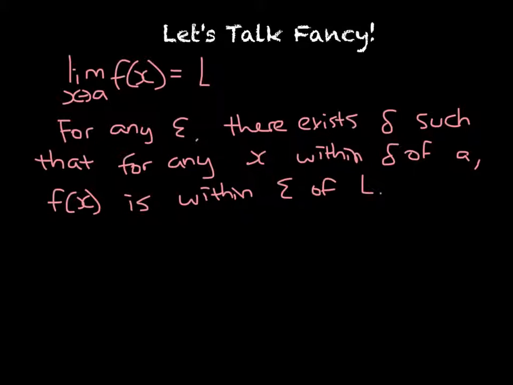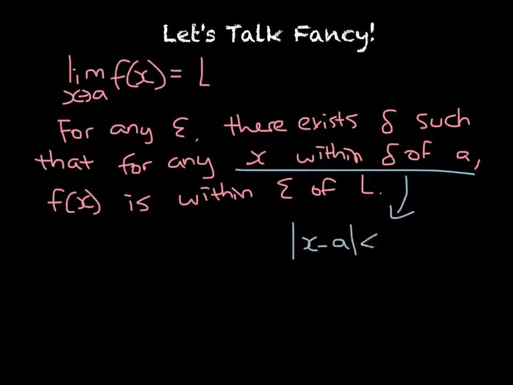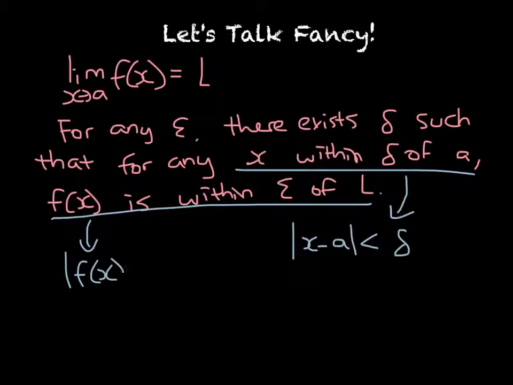Now we're going to get even more fancy and replace this statement with the mathematical expression x minus a is less than delta, and similarly we're going to replace this expression with the mathematical way of saying it, which is that f of x minus L is less than epsilon.